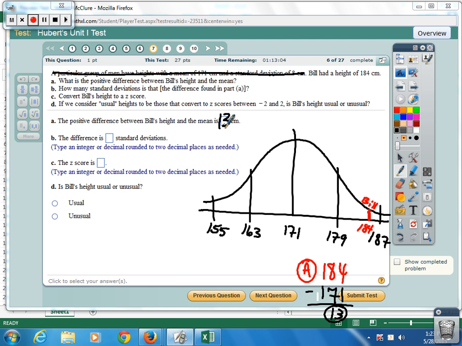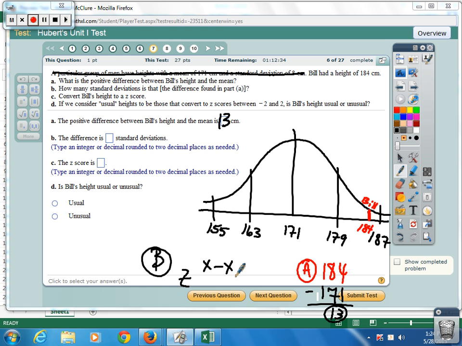Well, you've got to find the standard deviations, because right now you can't say one standard deviation, because it's between one standard deviation and two standard deviations. So let's figure the z-score for this guy. And what's the formula for the z-score? I gave it to you yesterday or the day before.